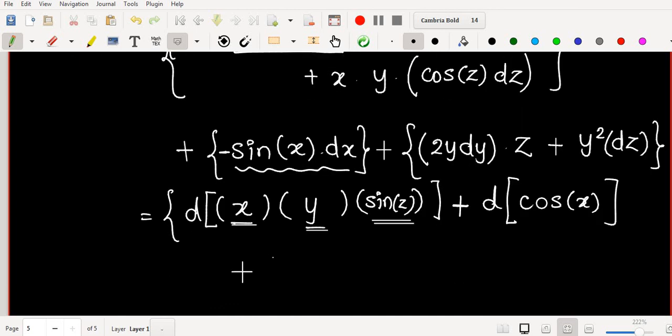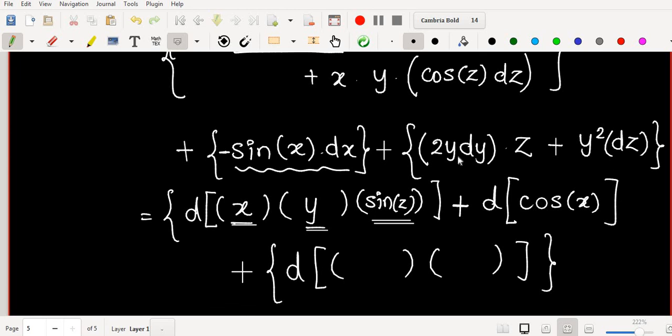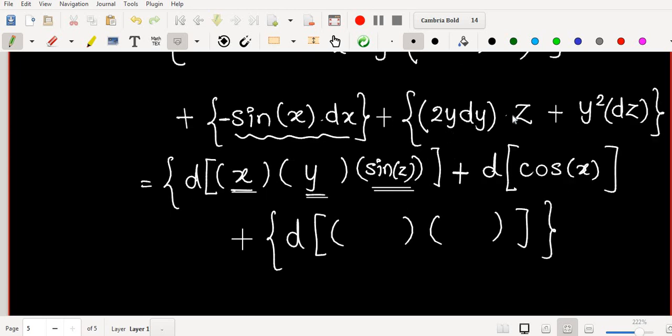Similarly, the third term can be written as derivative of product of two terms because it included two variables. So if we apply u into v rule, second function is unchanged where we take derivative of first term. So your second term will be z, and when we take derivative of second term, first term is unchanged. So first term will be y square.